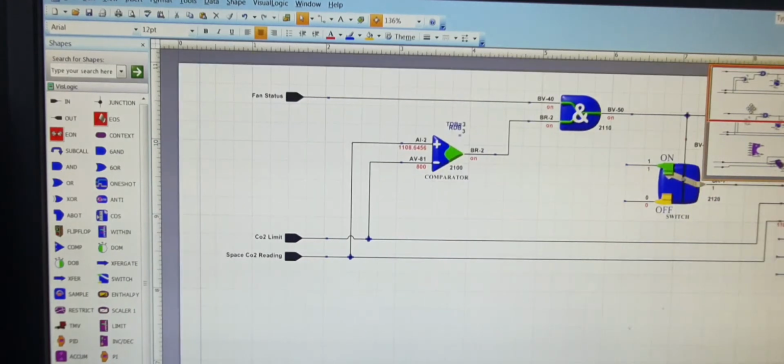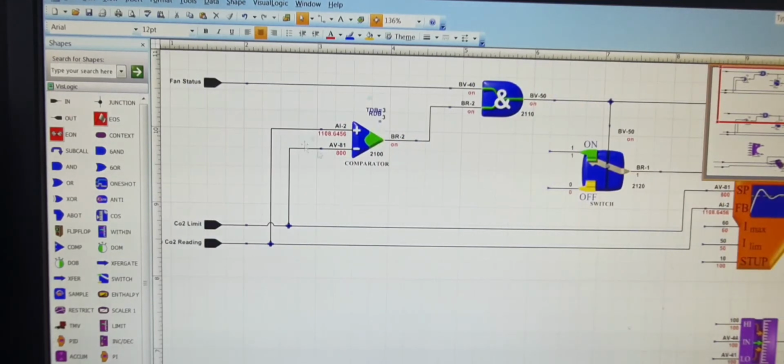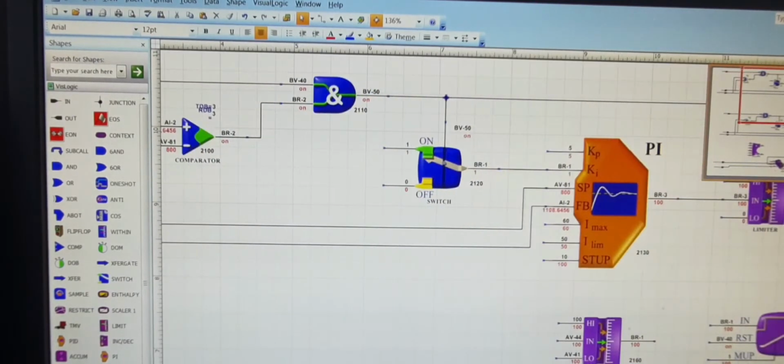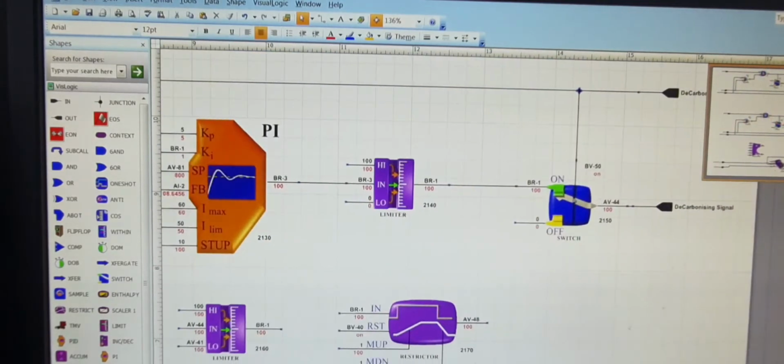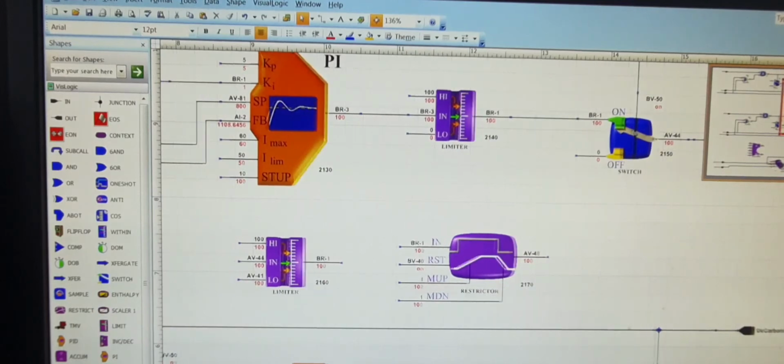So this logic is measuring the inputs of the current space CO2 levels and the set point. And if the set point is breached, if there are higher levels of CO2 in the space, immediately we program the dampers to open fully and bring in fresh air, regardless of what the temperature set points might be.